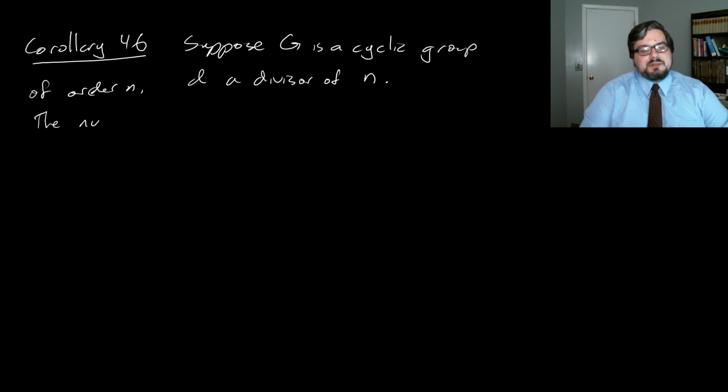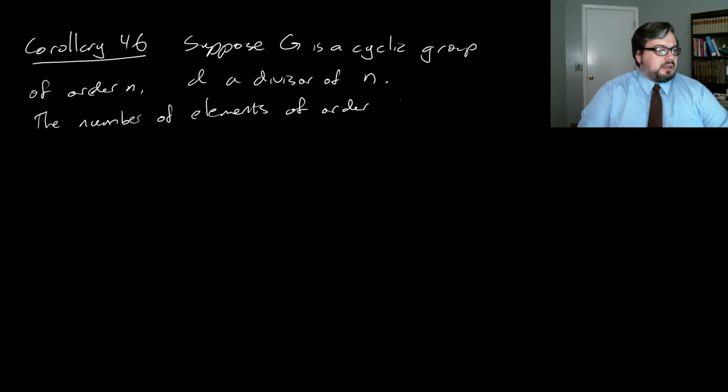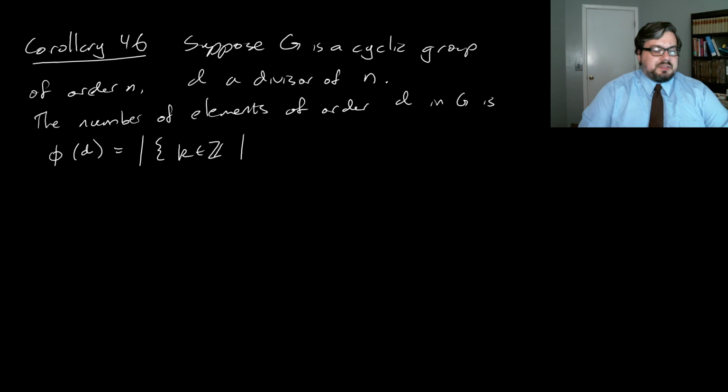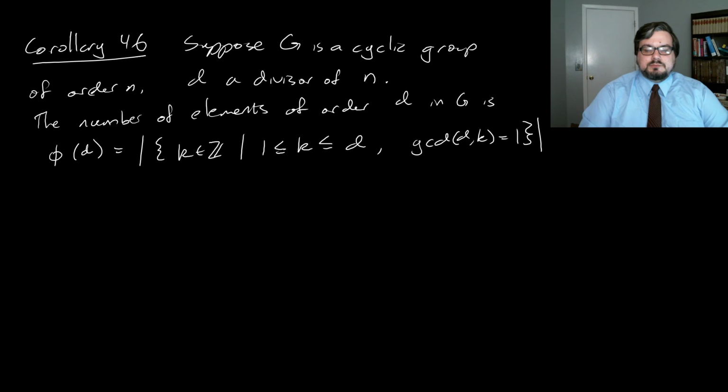The number of elements of order D in G is phi of D. Now this is defined to be the number of integers between 1 and D that are relatively prime to D. This is known as the Euler totient function sometimes.